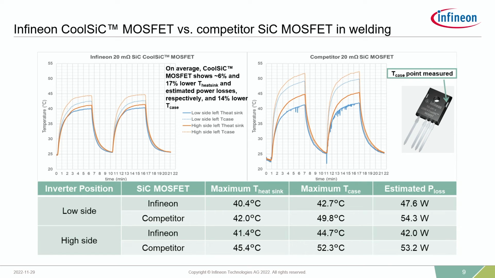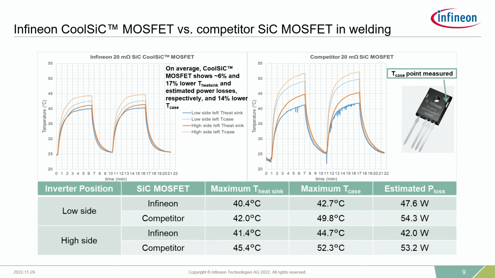Also, you can note that Infineon's CoolSiC MOSFET reaches steady state temperature after 5 minutes of system operation, as should be according to the heatsink thermal time constant. However, the competitor's MOSFET never reaches steady state temperature, implying that power losses are still increasing after 6 minutes of operation.